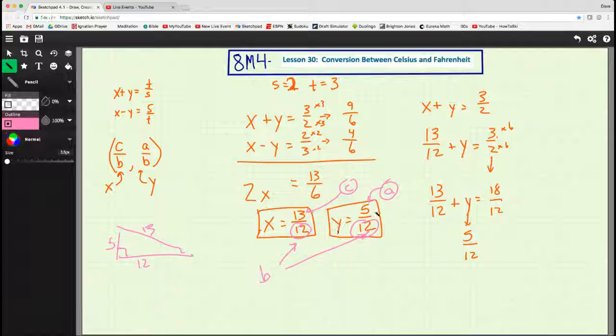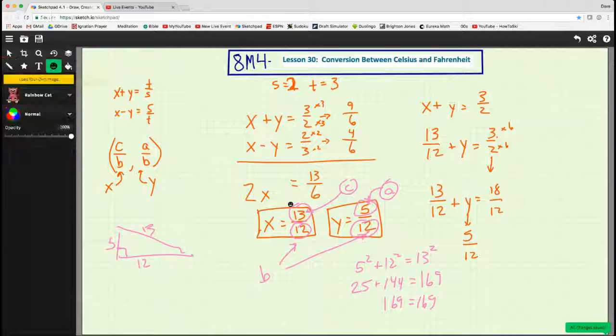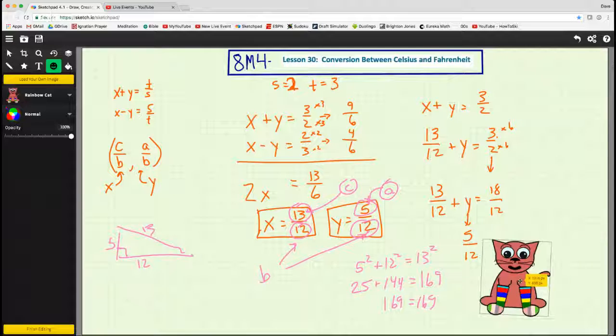So let's make sure that 5, 12, 13 works. 5 squared plus 12 squared equals 13 squared. Does 25 plus 144 equal 169? Well, 25 and 144 is, yeah, 169 equals 169. And that, my friends, deserves a happy cat.